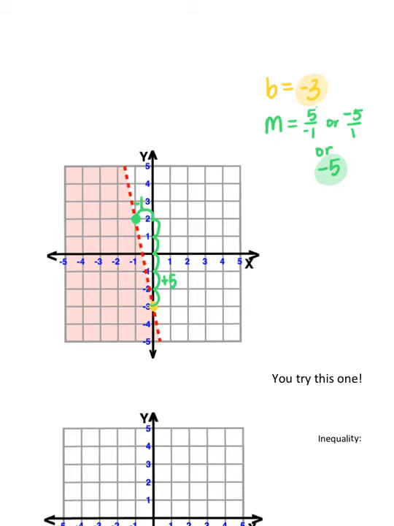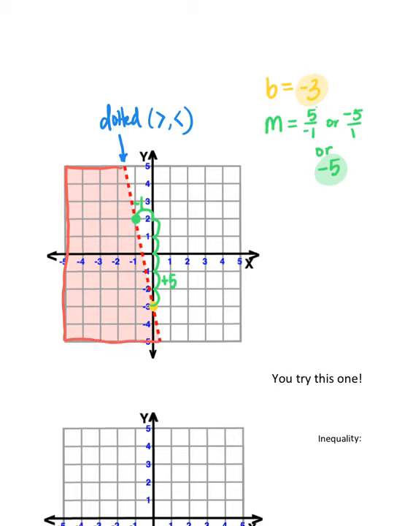All right, so now I have my M, and I have my B. So now I ask myself, is my line dotted or solid? And it is dotted. And I know that that means it's either going to be greater than or less than, no equal to. And then I look at my graph and determine where the shading is taking place.